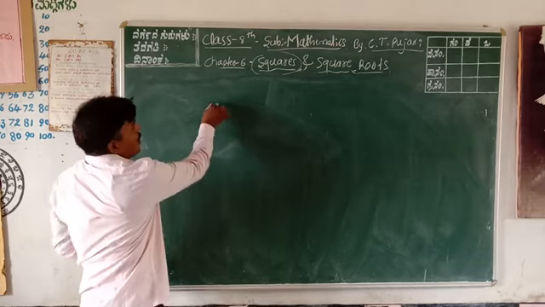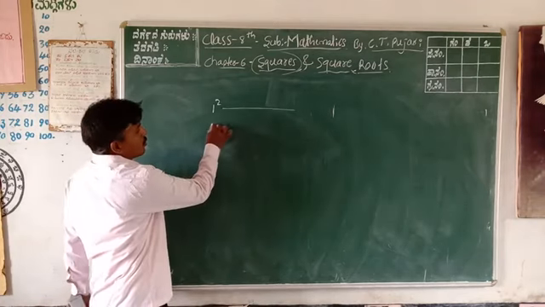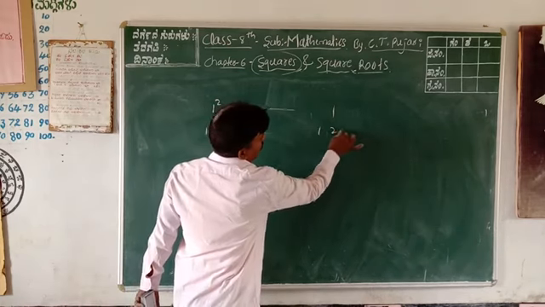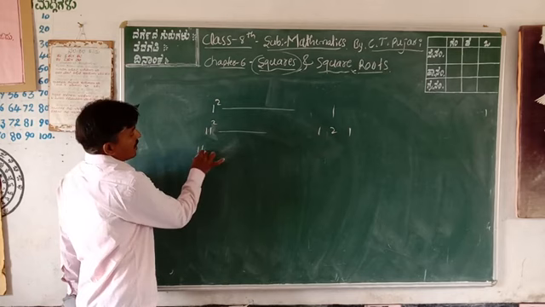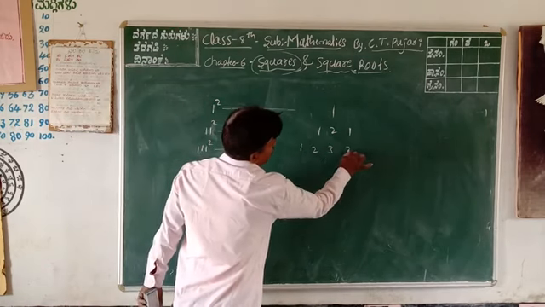Systematically, 1 square is 1, 11 square is 121, and 111 square is 1, 2, 3, 2, 1.